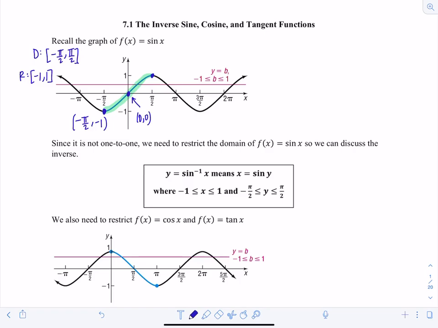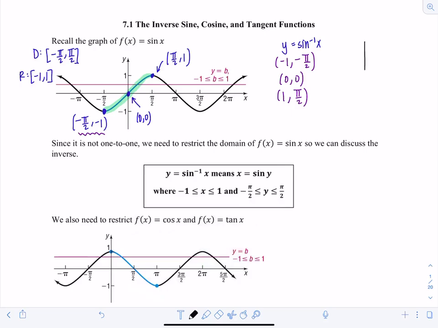This is 0, 0. And this is pi/2, 1. So on the graph of y equals sine inverse of x, instead of -pi/2, -1, I'm going to have -1, -pi/2. 0, 0 stays the same, and then I have 1, pi/2.